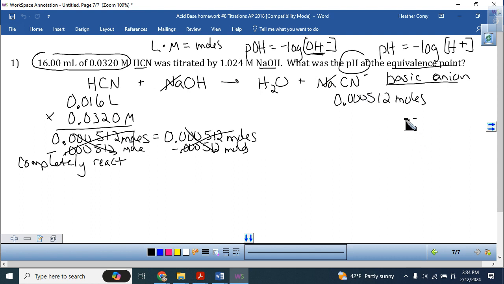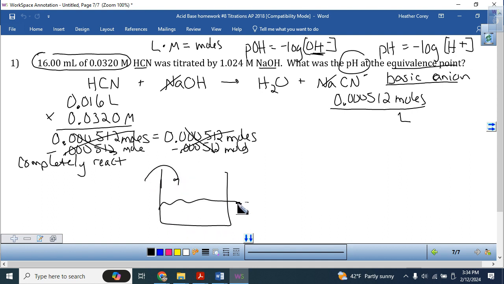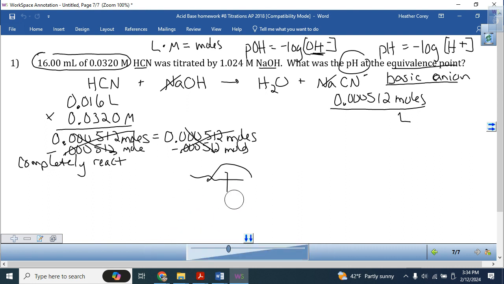Here at this point in time, we know moles, but we need to know the liters because we need to know the molarity. And because we've taken two different solutions, you don't need to draw this part, but if I throw some HCN in here, and then I throw some NaOH into the same beaker, we need to take into account the total volume because volume affects the concentration.